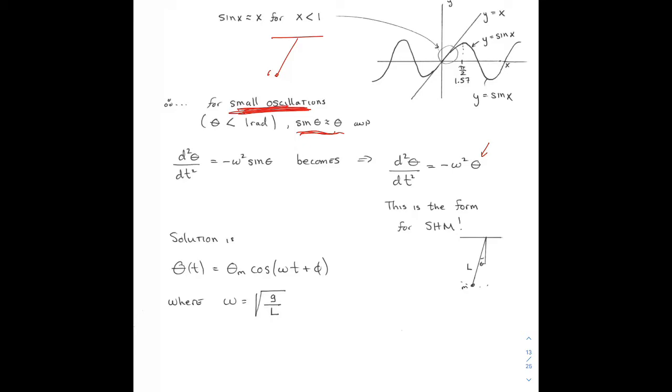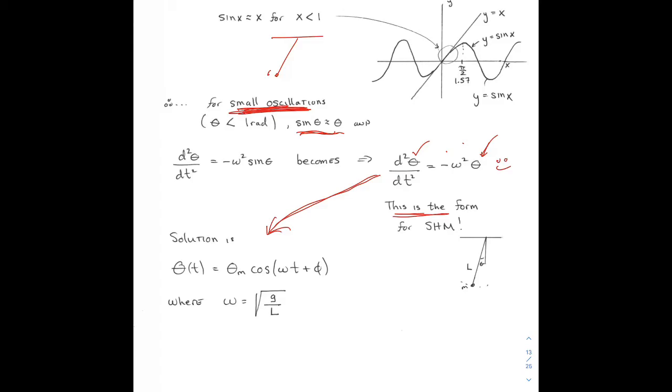This is the form for simple harmonic motion. Here's my function, theta. Take two derivatives, get minus a constant times the same function back. The solution to an equation like that is theta max cosine or sine of omega t plus phi.